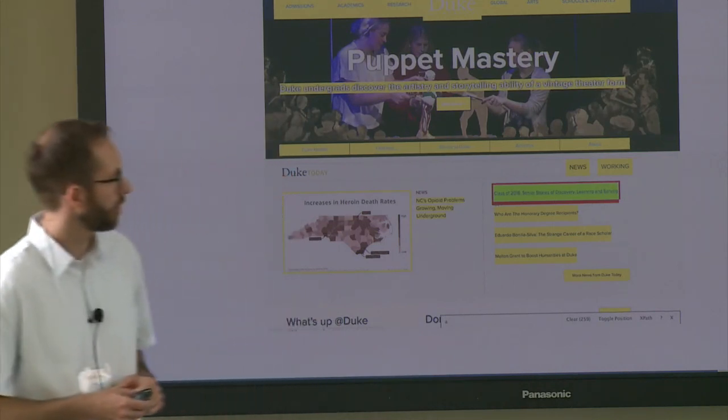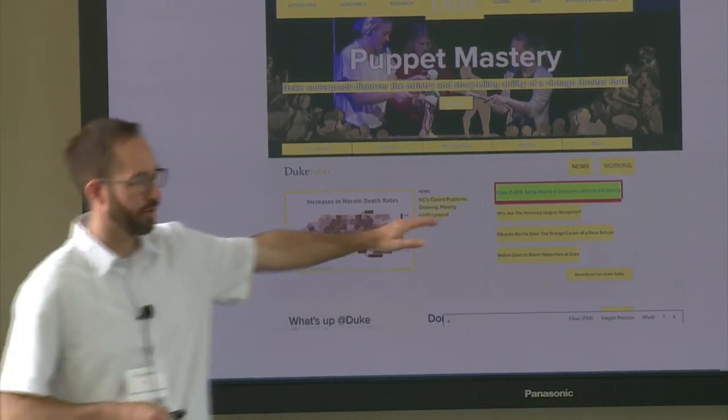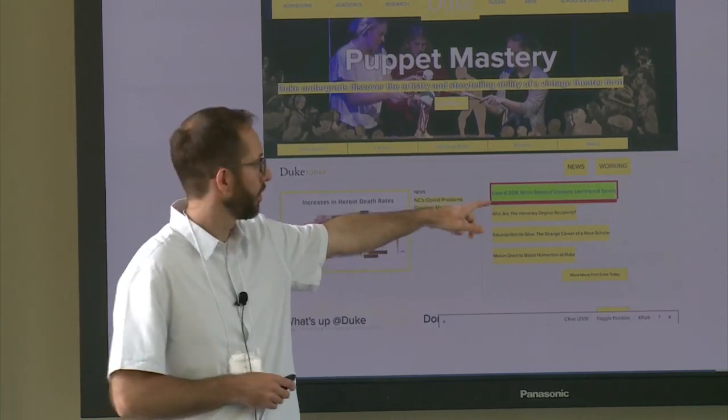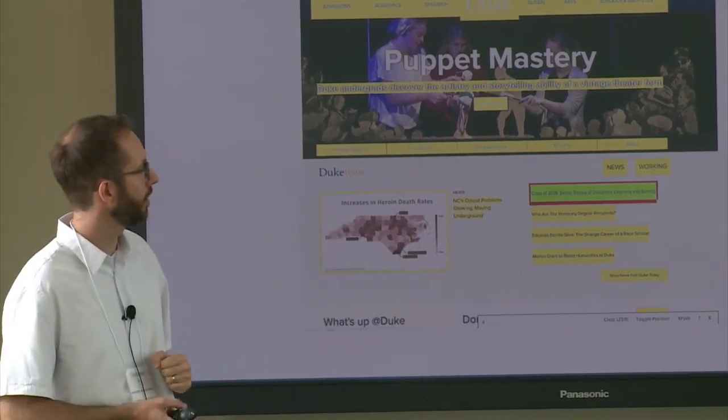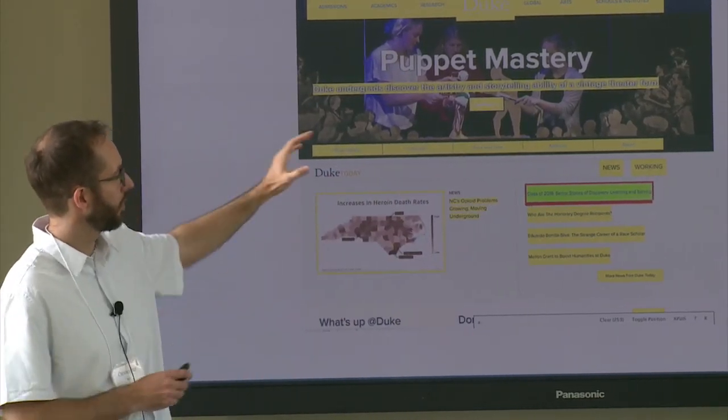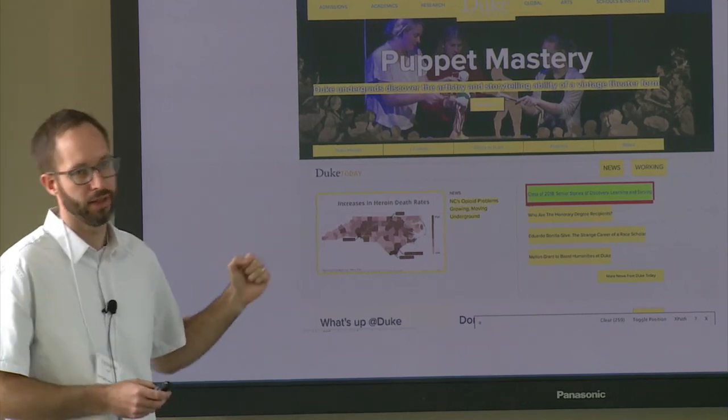The way that the Selector Gadget works is we first click on the data that we want. So here we are clicking on the news section. That's what we want in this hypothetical example. We're very curious about what's going on at Duke. So we've selected that. And then once we do that, we see a lot of other stuff get highlighted in yellow.